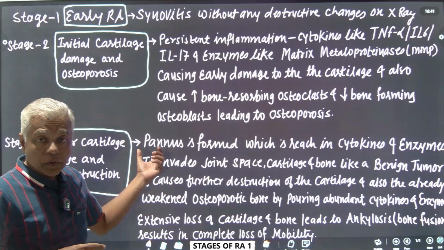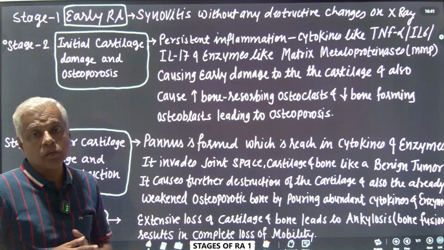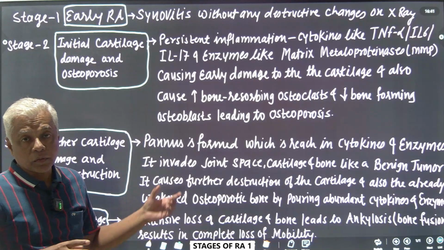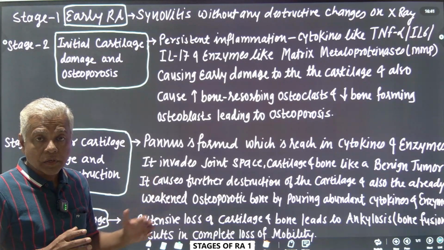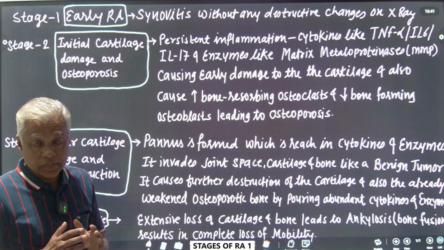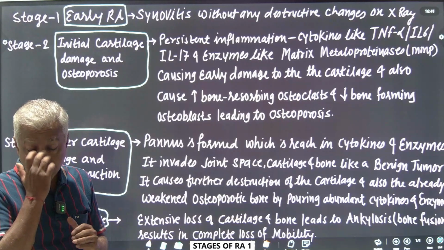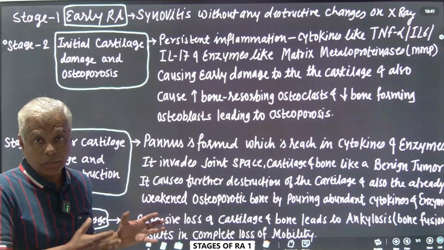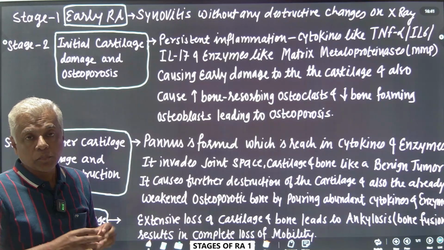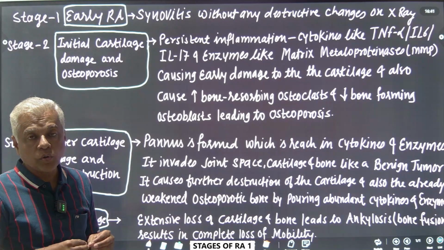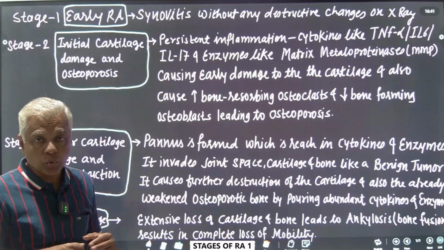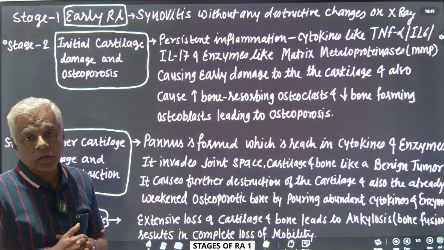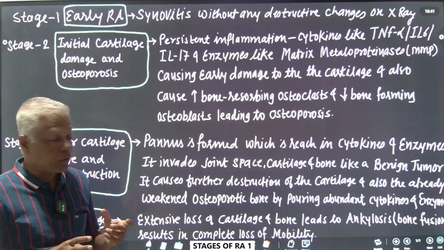They are more in number in a hyperplastic synovial membrane, but in a PANNUS the concentration of these cells, macrophage like cells and fibroblast like cells, is more than in the hyperplastic synovial membrane.